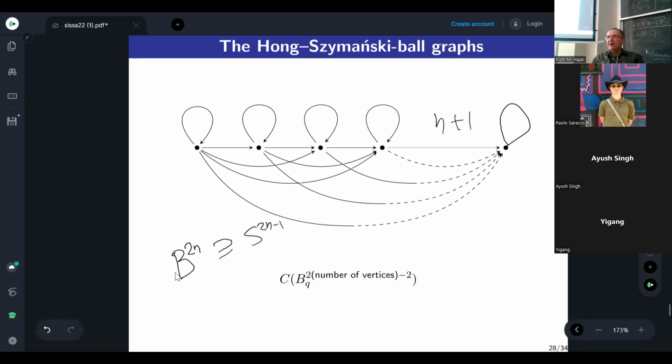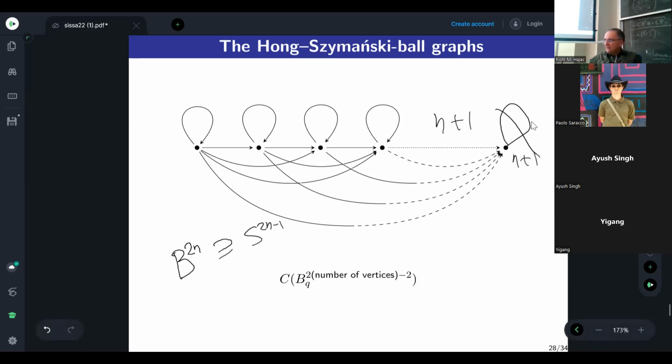And the same happens with graphs. If you look at this S^{2n-1} graph, it is a subgraph of this graph, where the difference is that you kill this projection and you kill all edges that end in this projection.